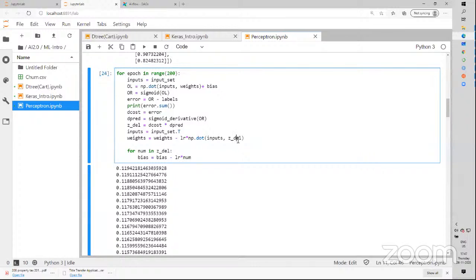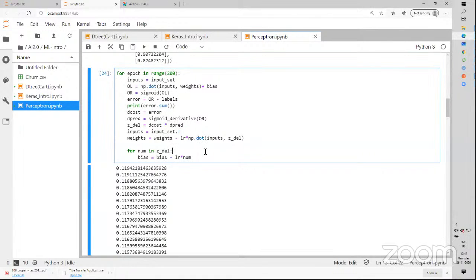We are just using these values itself, minus learning rate times the same number. Because bias is a constant, even when we try to derive, it would not make much of a difference. So we are just updating the bias with the help of the same derivatives, which is dcast and dpred. So that is why the learning rate times dcast into dpred.